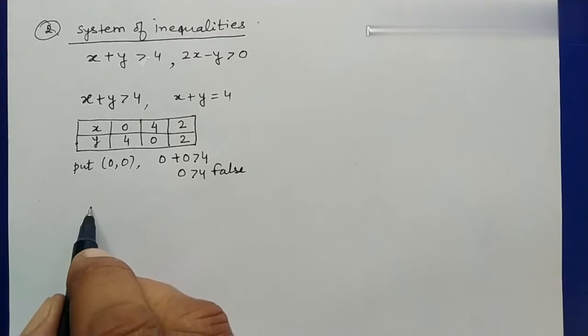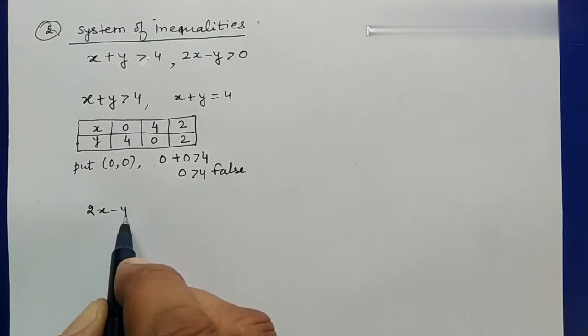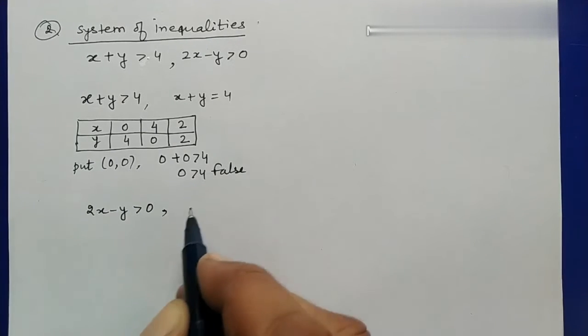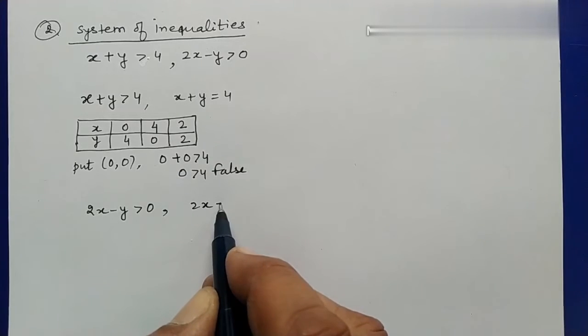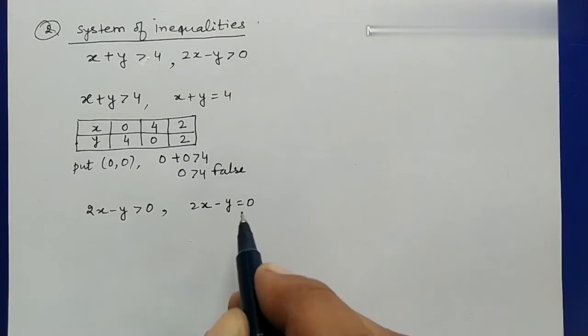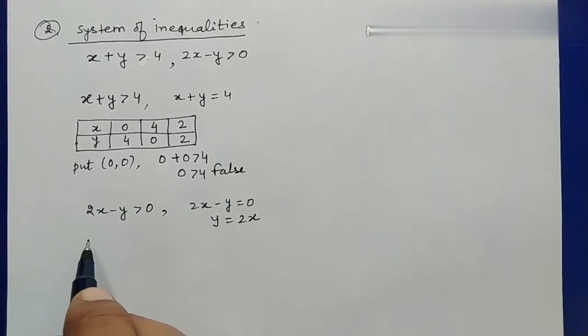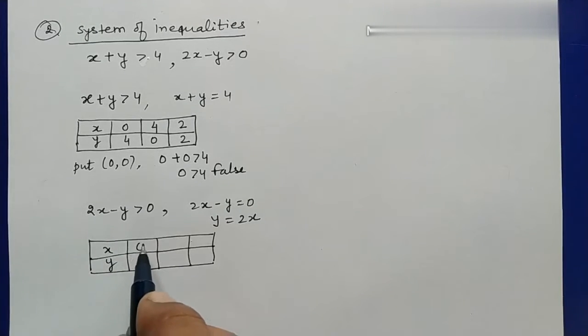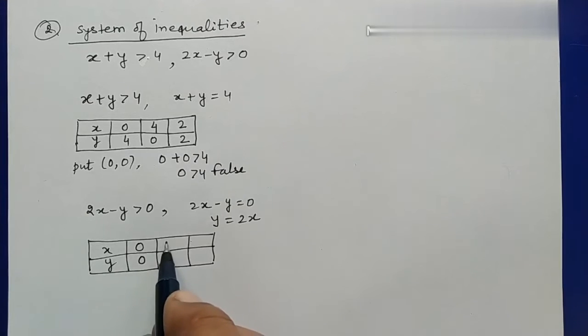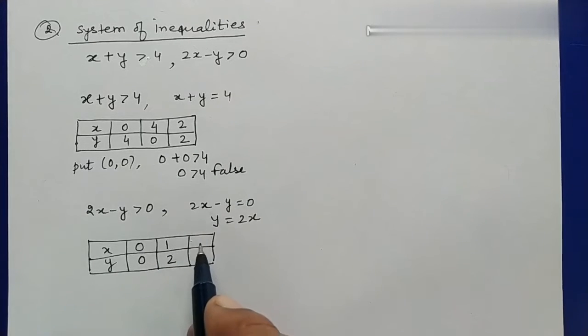Same as that, the second inequality is 2x minus y greater than 0. We change the inequality to an equation, so this is equal to 0. Now we transfer y, and we get y equal to 2x. Now for x equal to 0, y equal to 0. For x equal to 1, y equal to 2. For x equal to 2, y equal to 4.